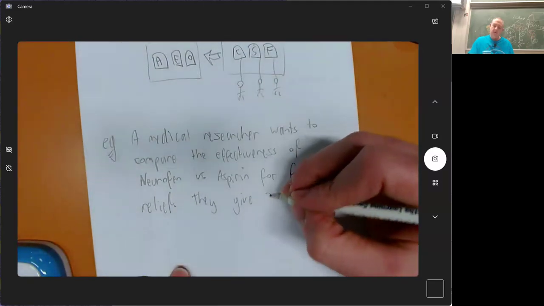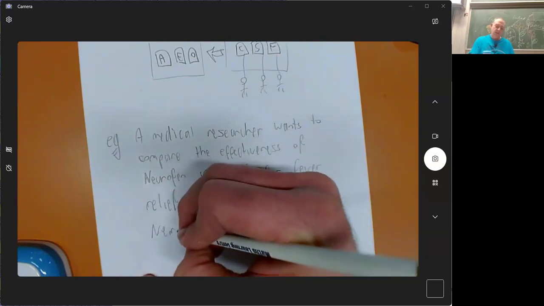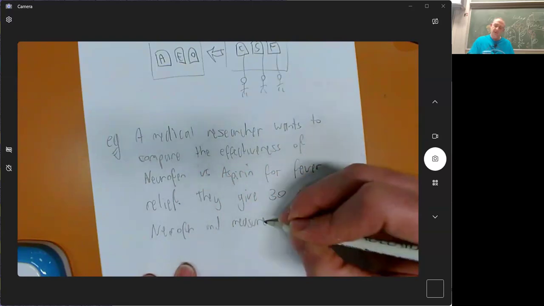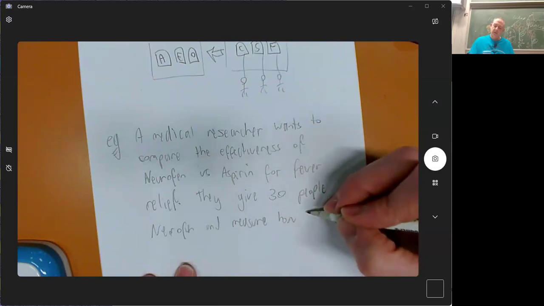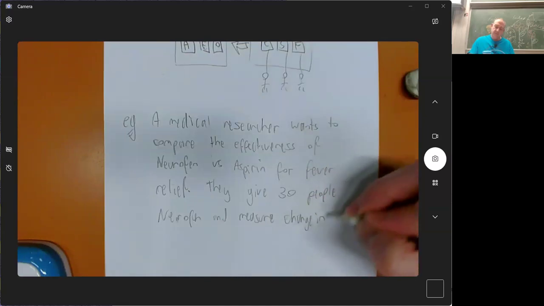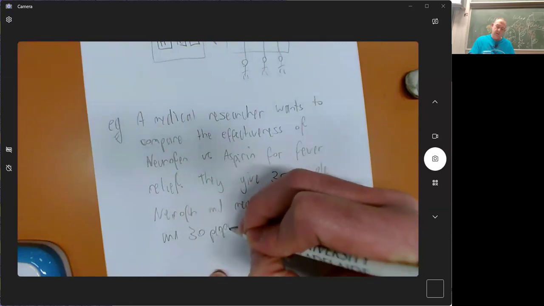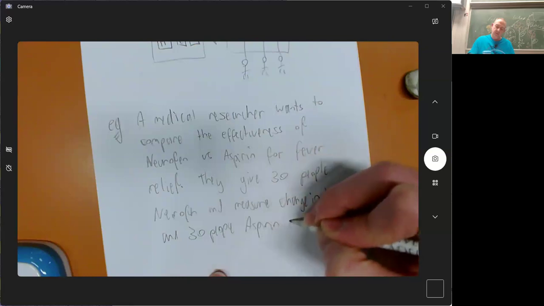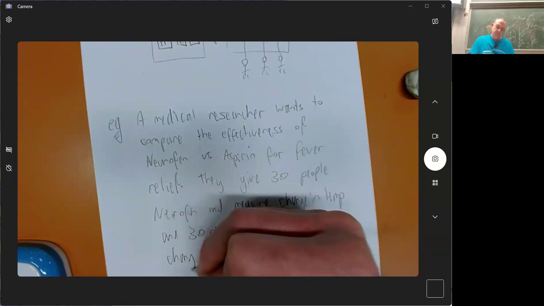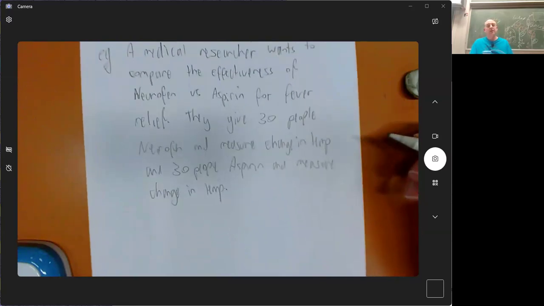They give 30 people Nurofen and measure the change in temperature. And 30 people aspirin, and change in temperature. Something like that.